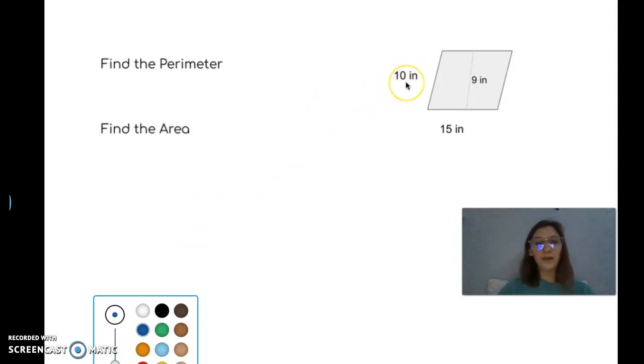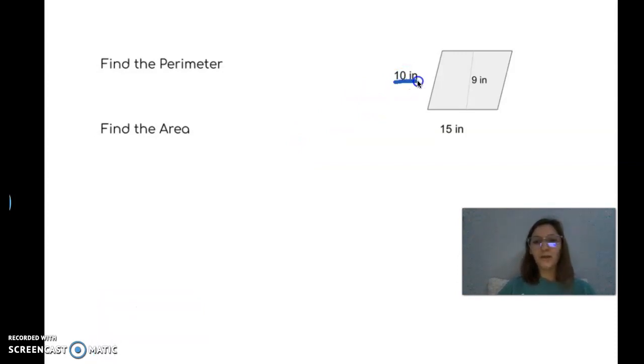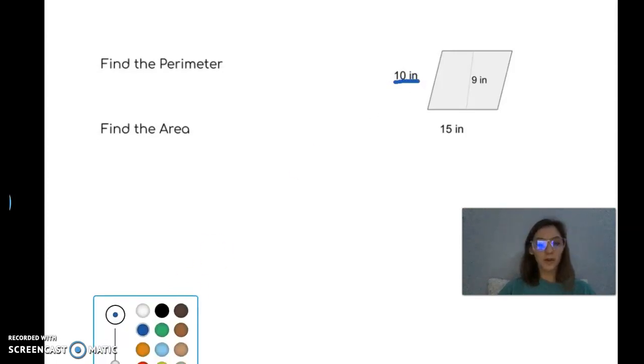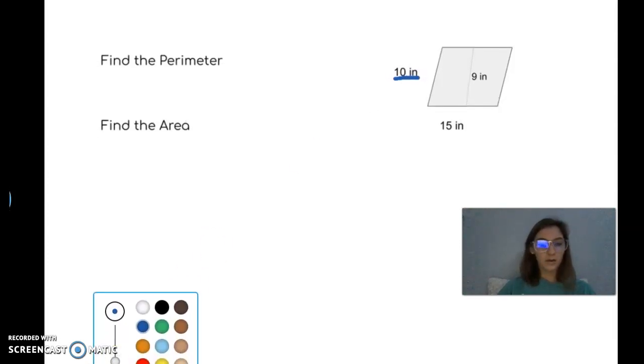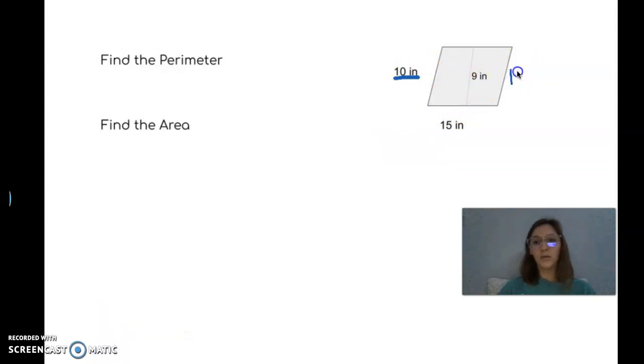Okay, so now that I've given everyone 5 minutes to do their work, let's go over it. So I know I have a 10 over here. Oh, let's make my pen a little bit smaller. So I have a 10 on this side, so my corresponding side is what? 10, good. 10 inches.